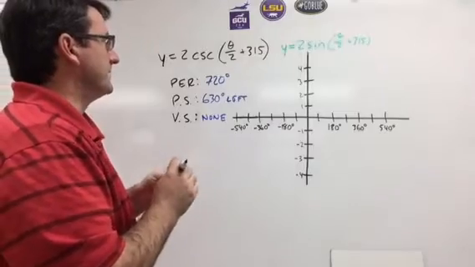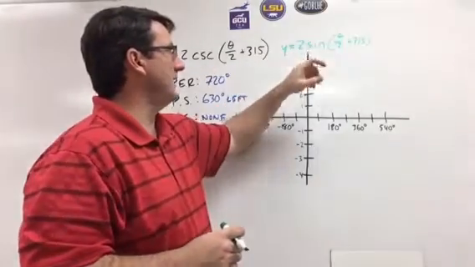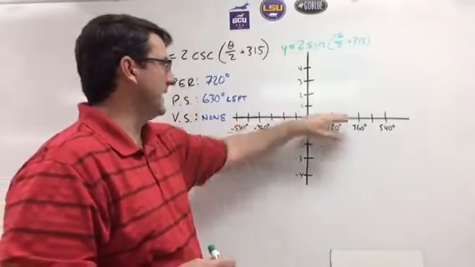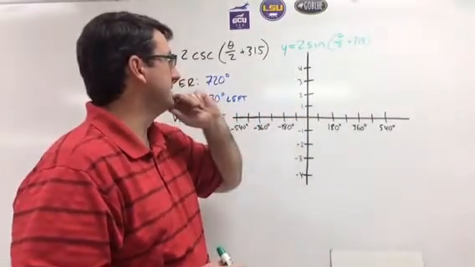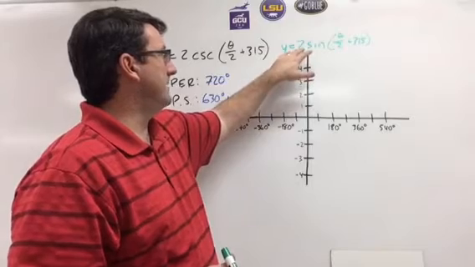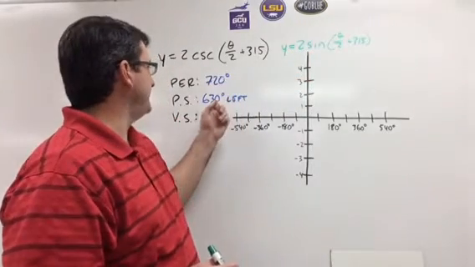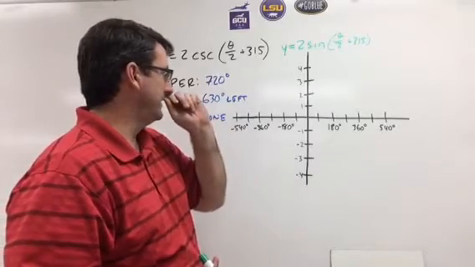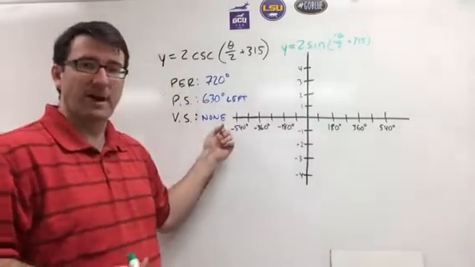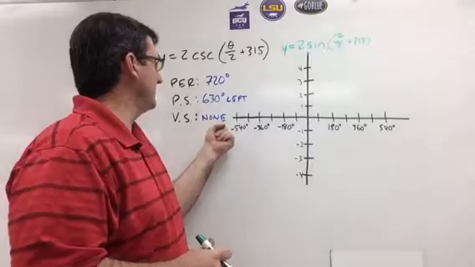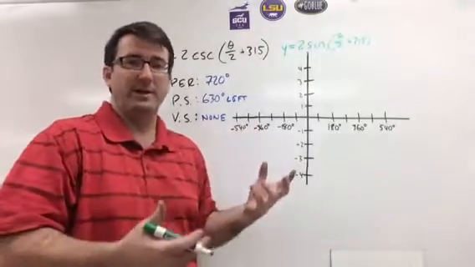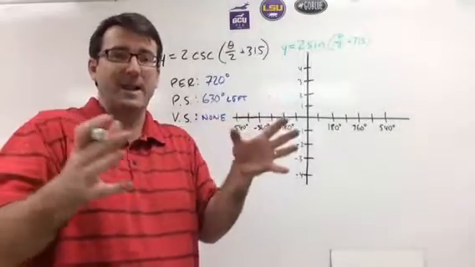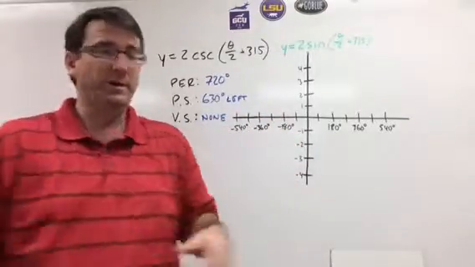All right, so to graph this, first of all, there's no vertical shift, and so the midline is going to be right on the x-axis. And we're shifting 630 degrees to the left. So that's off of our graph. But remember that these are periodic functions, which means that they look exactly the same if you just move over one period.